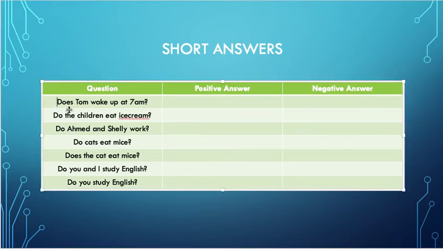Number 1, does Tom wake up at 7 a.m.? For a positive answer, a yes answer, we will say yes. Now, Tom is a man. It's a man's name. So we'll say yes, he does. Or negative, no, he doesn't.